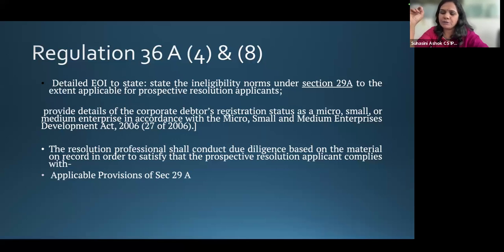And even in liquidation, the liquidator has to ensure that only Section 29A compliant parties are participating in the liquidation process.